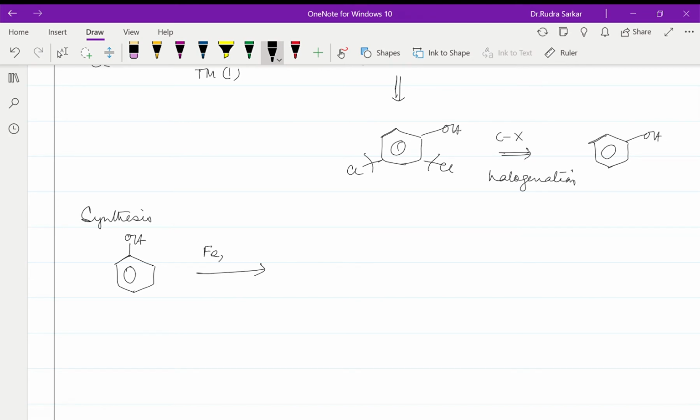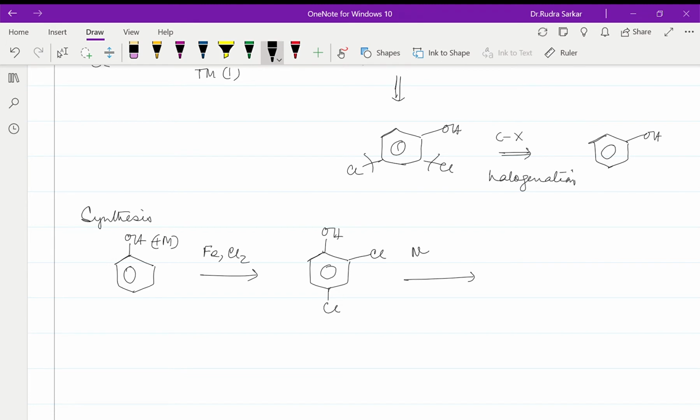So if you treat this with iron in presence of chlorine, then because of the plus M effect, that is OH being an ortho-para directing group, electrophilic substitution will happen at the ortho and para positions.